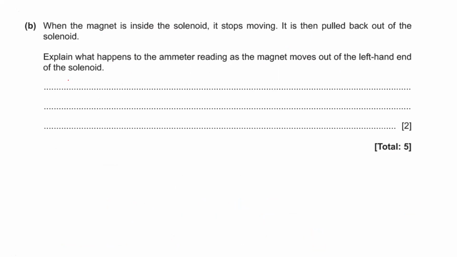So remember, if we are moving the magnet out, it will create the same phenomena, but in this case the magnetic flux will be changing in the opposite direction, and because of Lenz's law, the direction of the current will be opposite to the direction when the magnet was moving inside the solenoid.